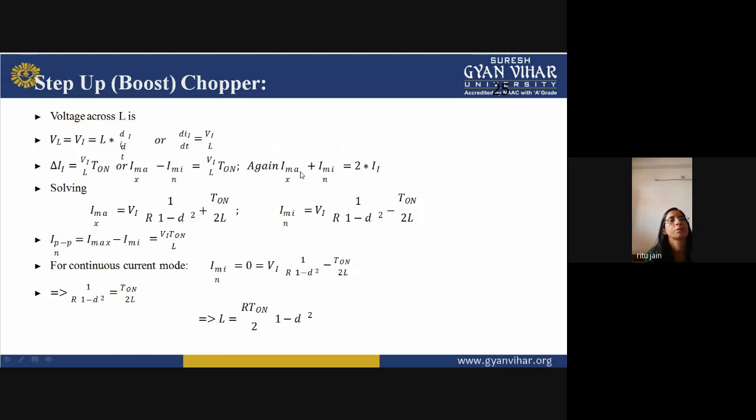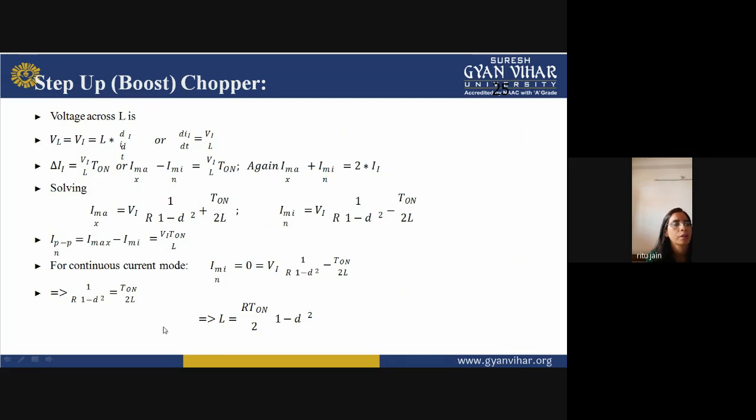Again, I maximum plus I minimum is equal to 2 into I1. So solving these equations, finally you will get that I max minus I minimum is equal to V1 into T on time upon L. So for continuous current mode, I minimum is equal to 0, and I minimum can be written by this equation.